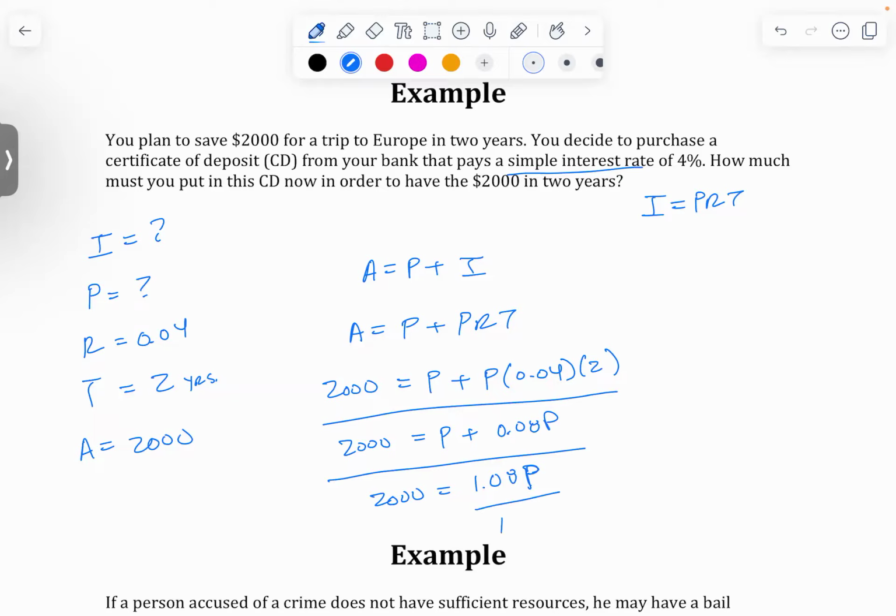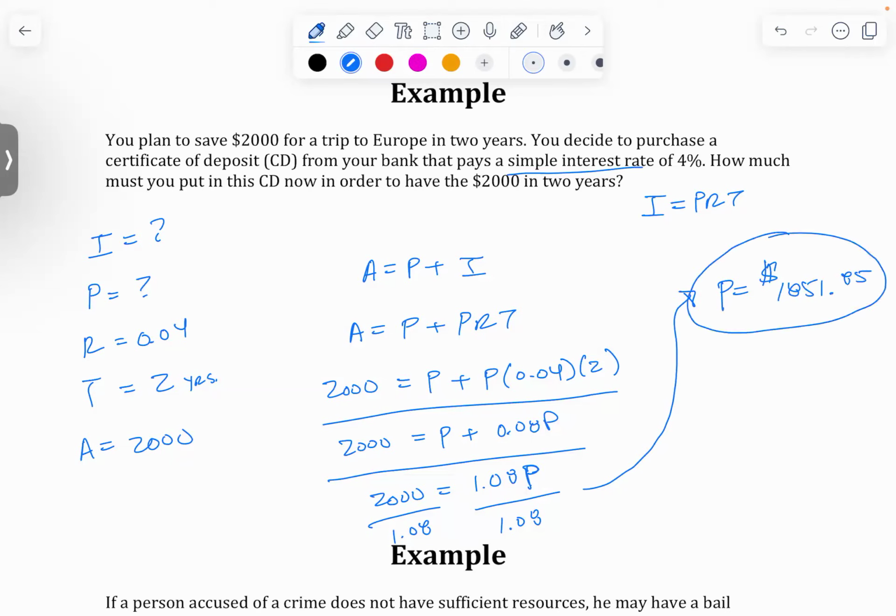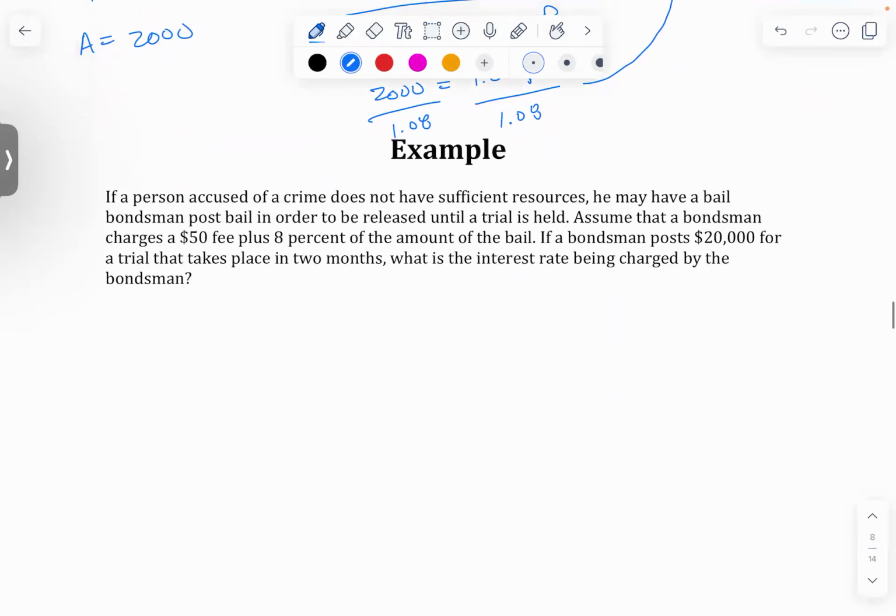Once you have that, then divide by 1.08, which gives us P equals 1851.85. Right, so we need to put in $1,850-ish now in order to have $2,000 in 2 years with simple interest.